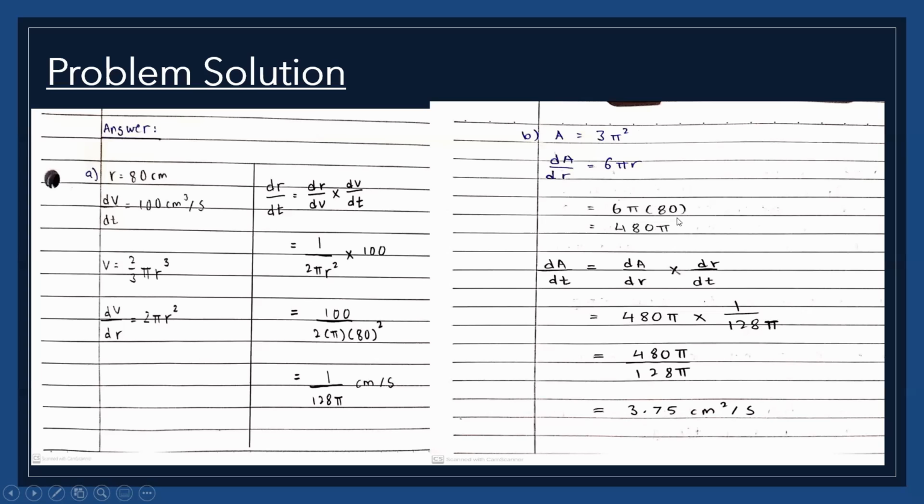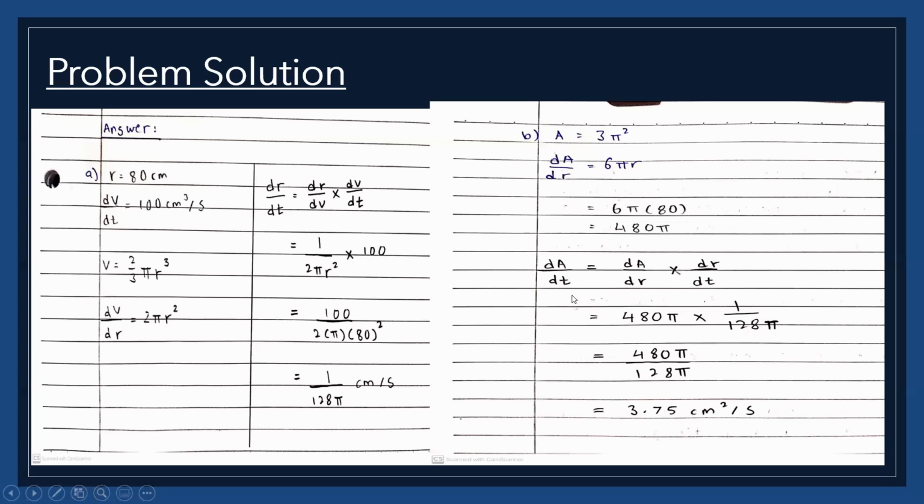After that, we take the value of the radius and insert it into 6πr, that is 6π times 80. We found that 480π is the answer for dA/dr.